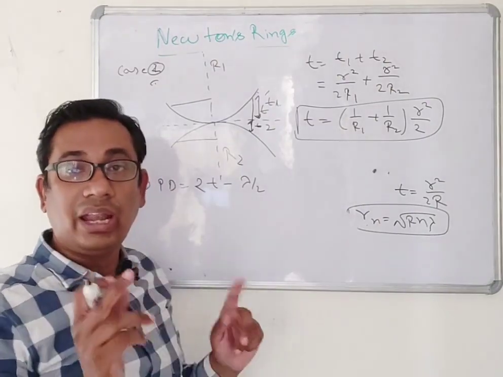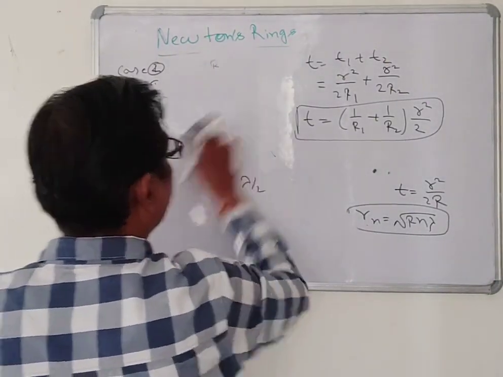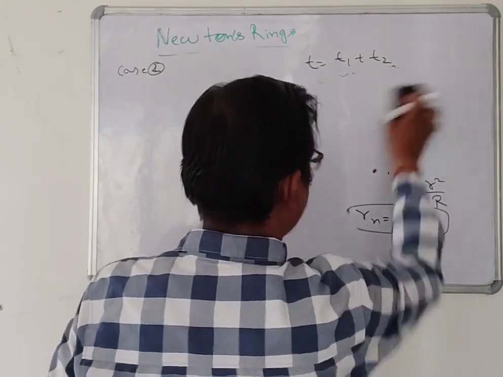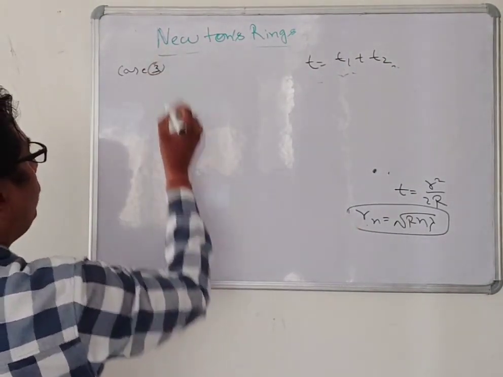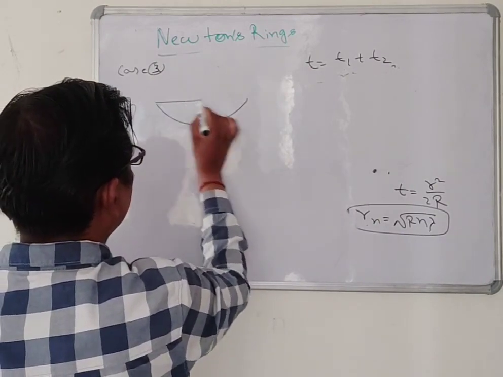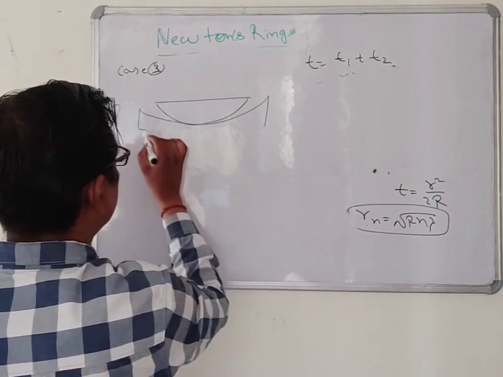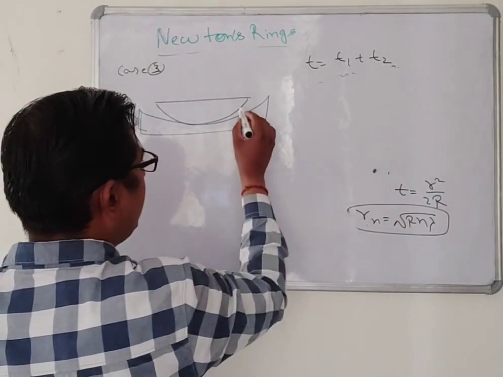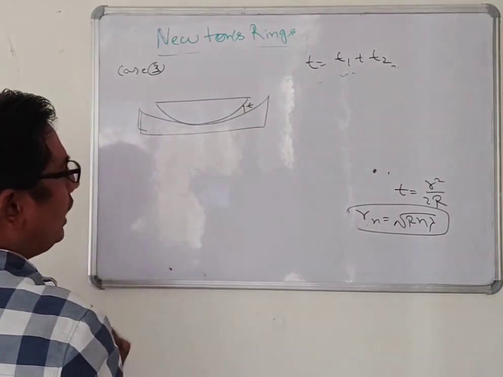Okay, now another case of Newton rings, the third case. Suppose we arrange a plano-convex lens like that. Suppose this T is the thickness of the film.